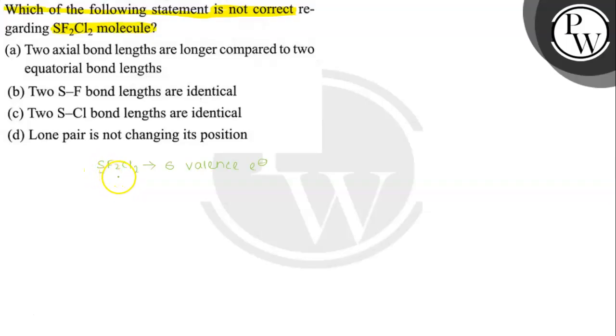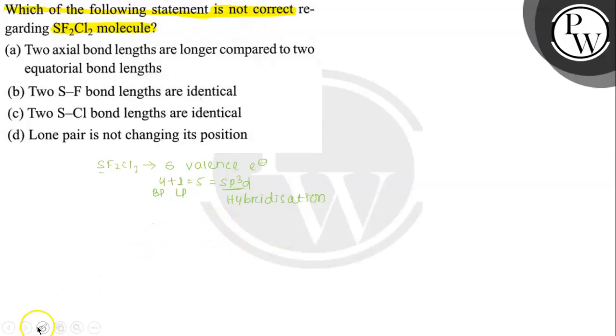Sulfur makes single bonds with fluorine and chlorine, that means 4 bonded electrons, and after that 2 non-bonded electrons, that means 1 lone pair. So it will be equal to 5, that means the hybridization will be sp3d, because 4 bond pairs and 1 lone pair. So the hybridization of SF2Cl2 is sp3d.